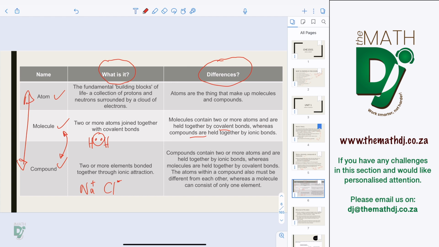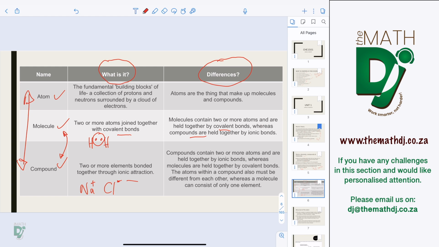So if you are asked the difference between a molecule and a compound, you say molecules are formed by covalent bonds, while compounds are formed by ionic attraction, which means positive and negative charge.